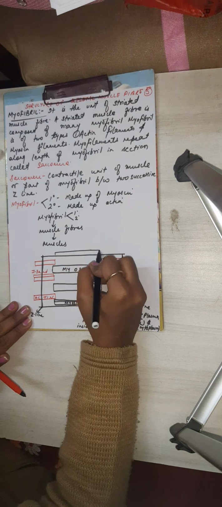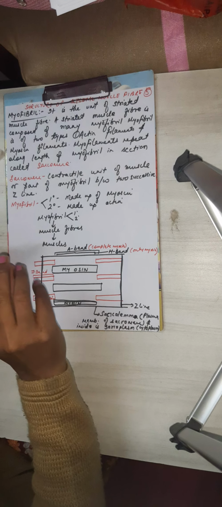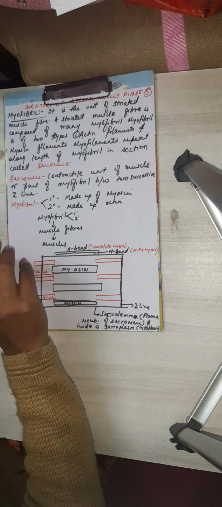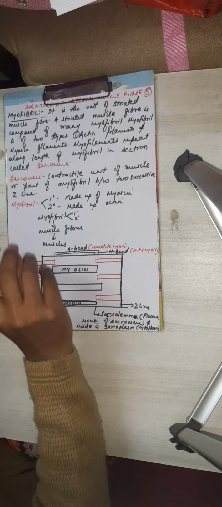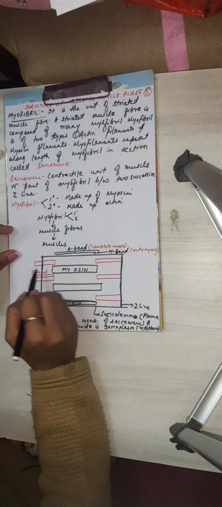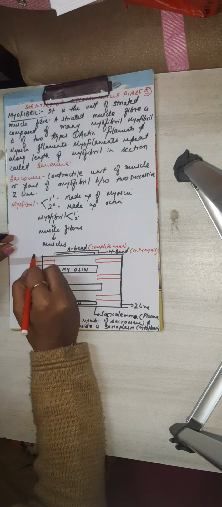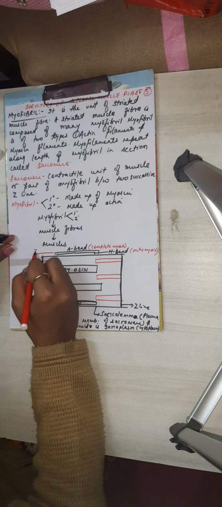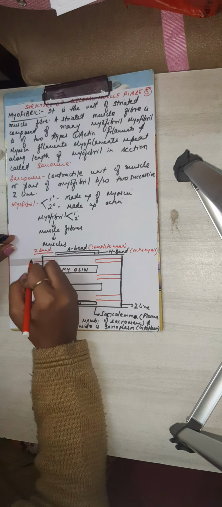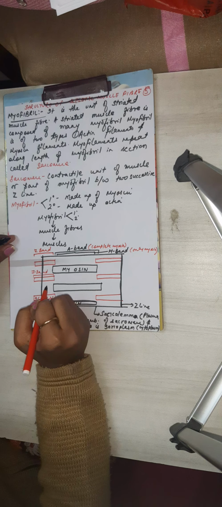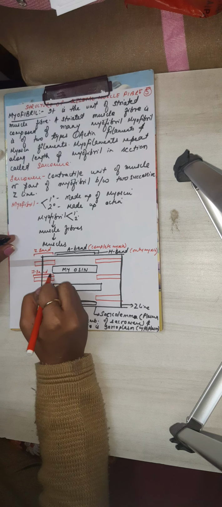This H band, only myosin. And this whole band is Z band, यहाँ से यहाँ तक, and I band is still here.